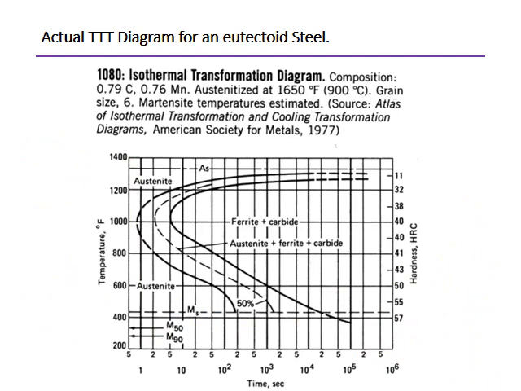So this is the actual TTT diagram for the eutectoid steel. And as you can imagine, you can play with this. So you might think about quenching in different steps.